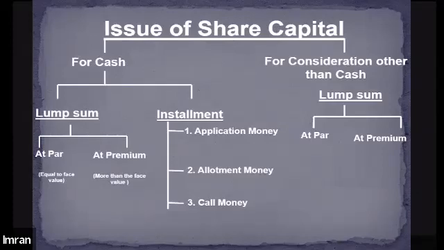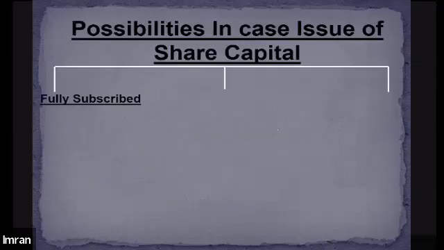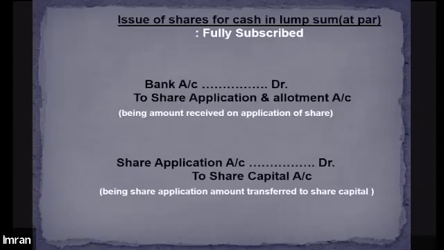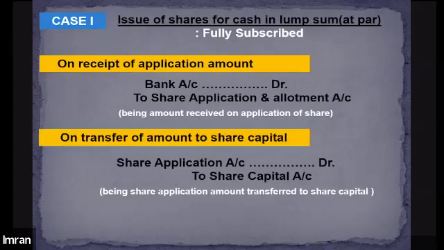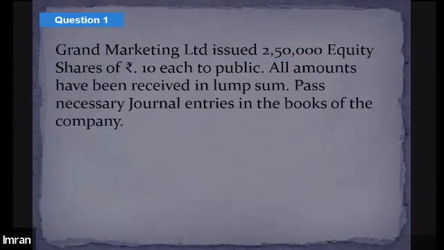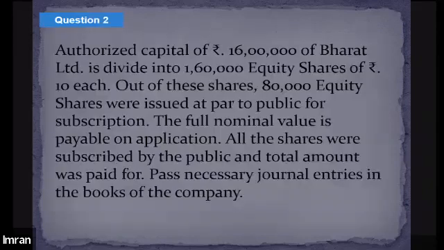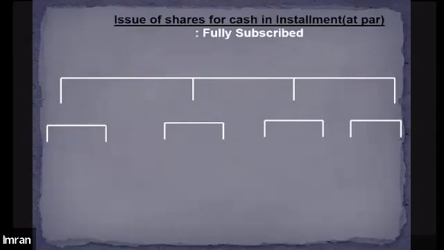Now we'll move forward, and we'll discuss the questions based on the issue of shares. In the previous class, we already covered question number 1. We also did question number 2, I guess. We also understood the issue of share capital for cash on installment basis.